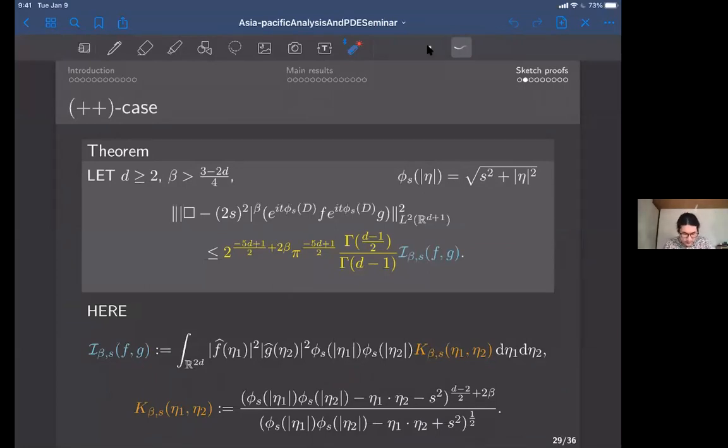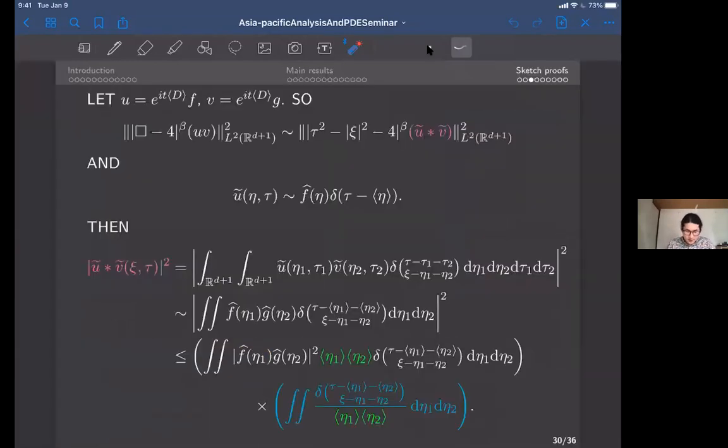look at the proof of the plus case for the theorem, because it's simpler. So for this, let's denote the solution by U and V. Then by the Plancherel theorem and the convolution, you get the left-hand side of the theorem here.